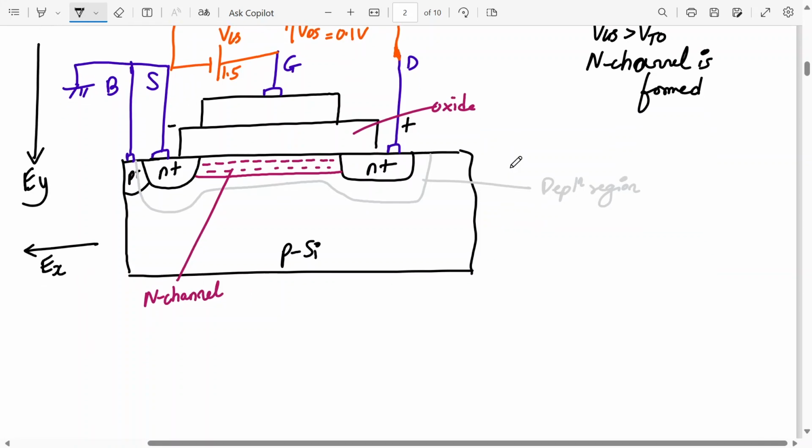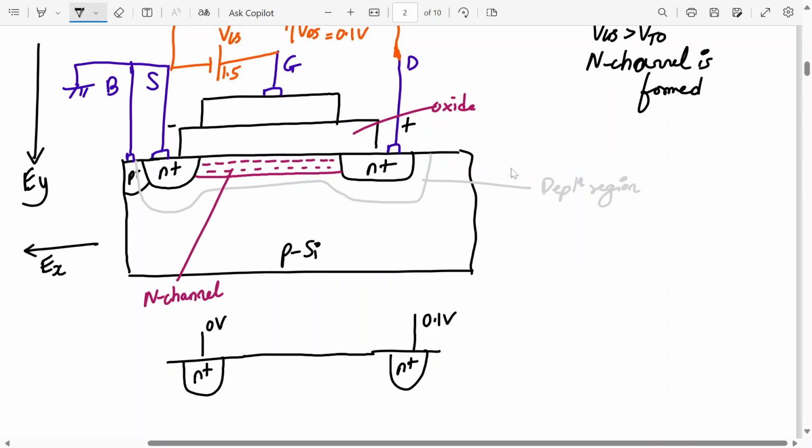EX. Let me just show you like this. Here, if you can imagine, we have N plus source and N plus drain, and now we are applying voltage over here 0.1, and here the voltage is 0.